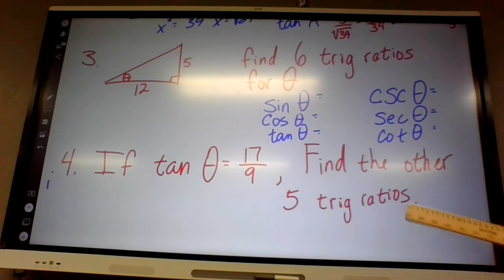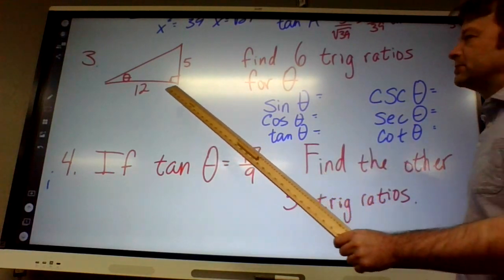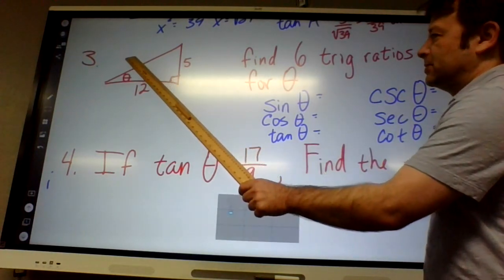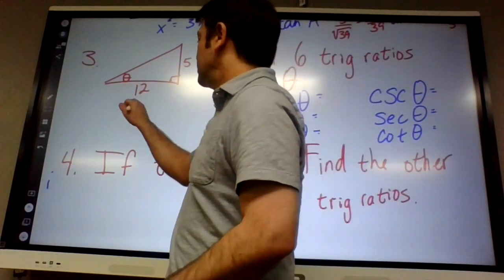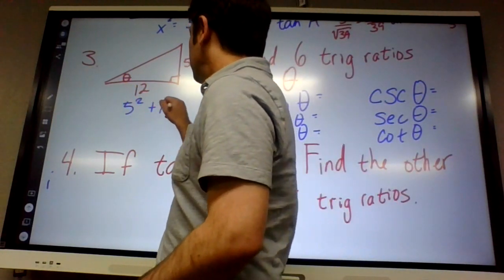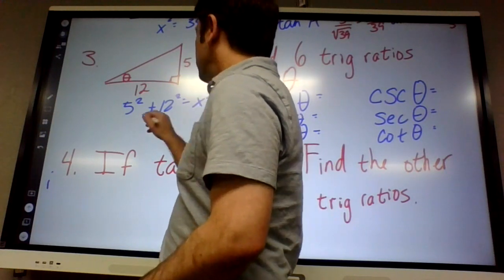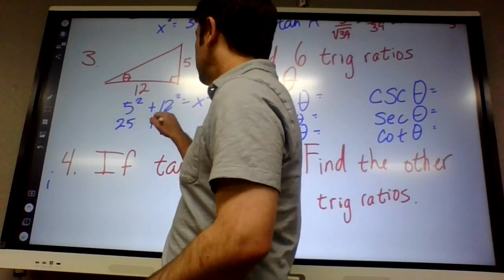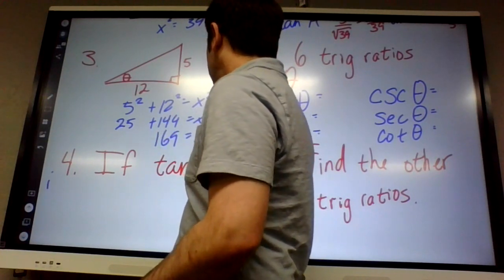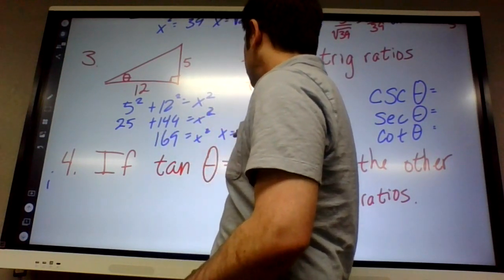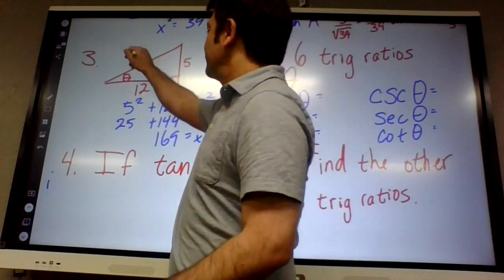But what do we need to do first, probably? Find the last side. 5 squared plus 12 squared equals... So that goes right there.